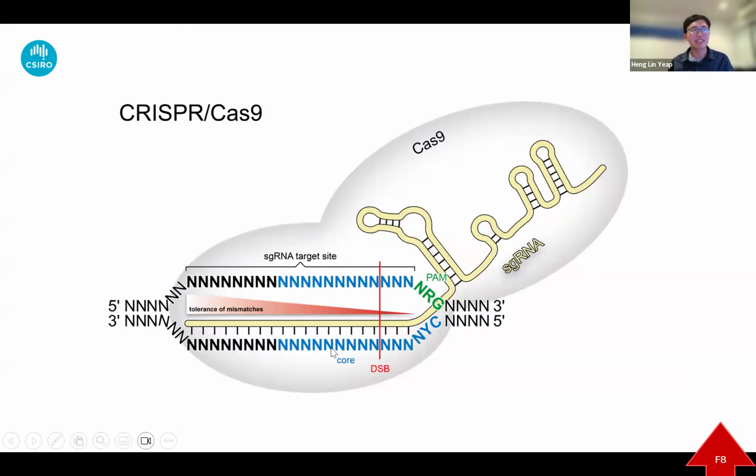The mechanism of this Cas9 RNA sequence binding is quite sequence specific, so a mutation anywhere in the gene can actually cause resistance to Cas9.